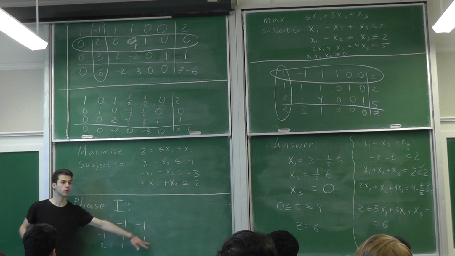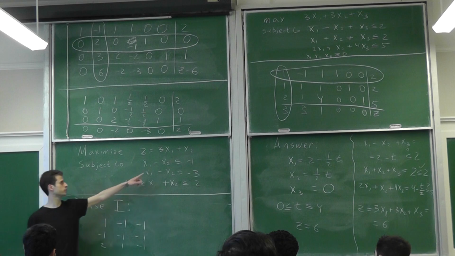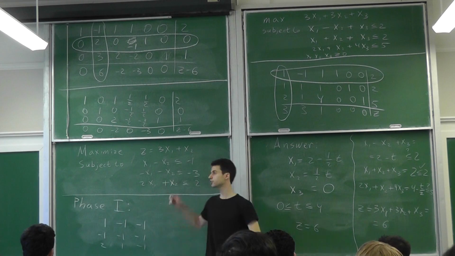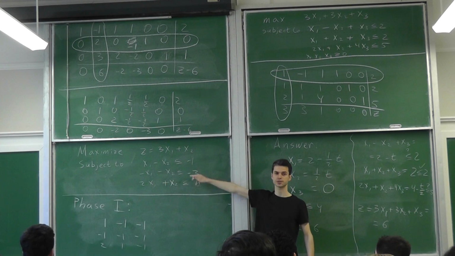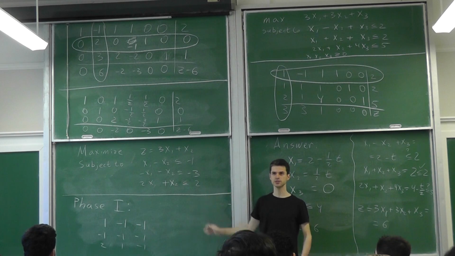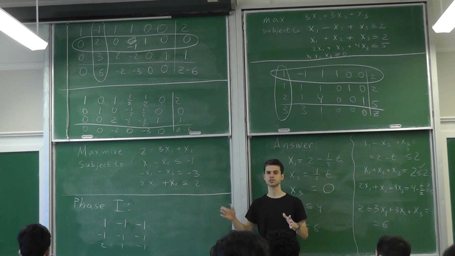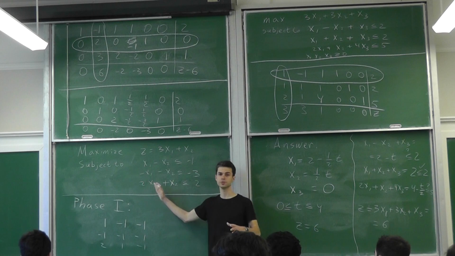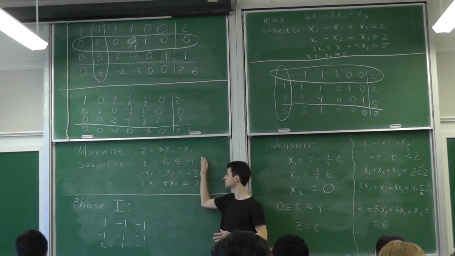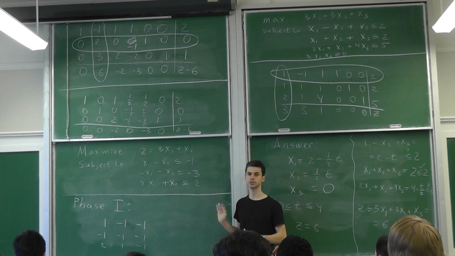So I added the column of minus 1s because I wanted to subtract x3 from each one of these equations. Once again, the rationale, once x3 is large enough, the left-hand side will be automatically very, very negative, smaller than minus 1, minus 3, 2.